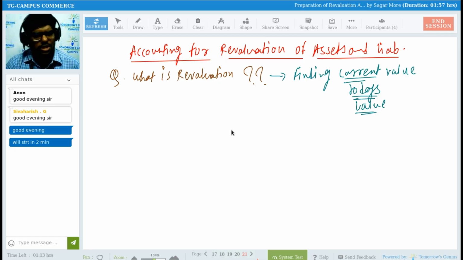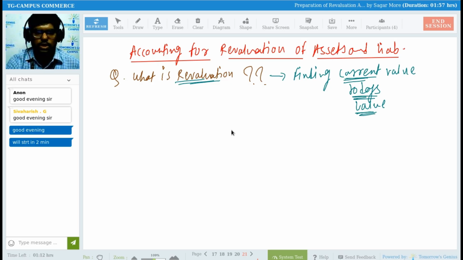Does that flat have the same price today, or has the price increased? The value of that home is not the same today. It has increased, right? So what do I need to do? I need to find the revalue, that is the current value or today's value of that asset, yes or no?